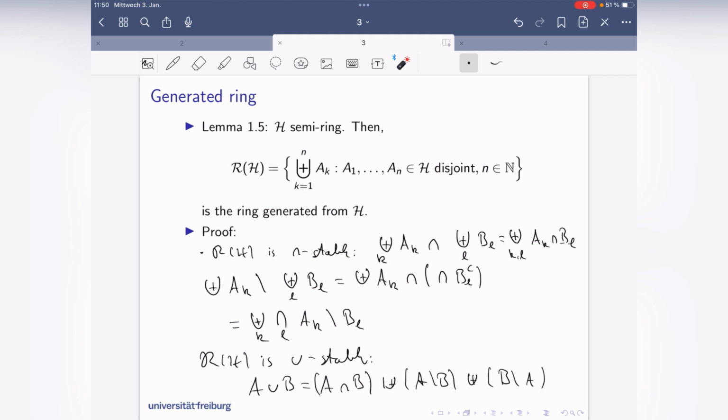So that's the ring generated by a semi-ring.